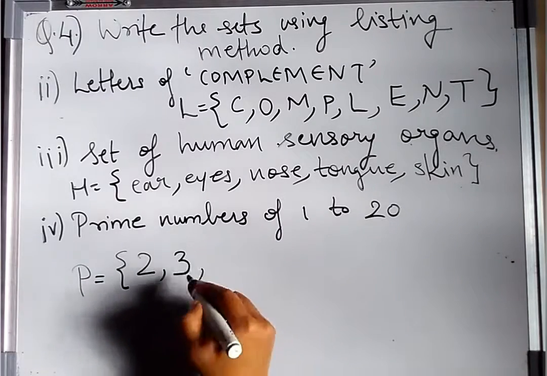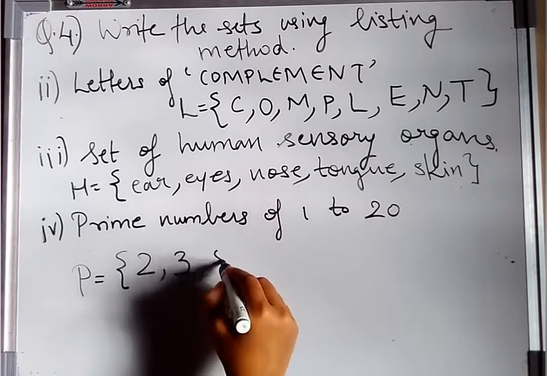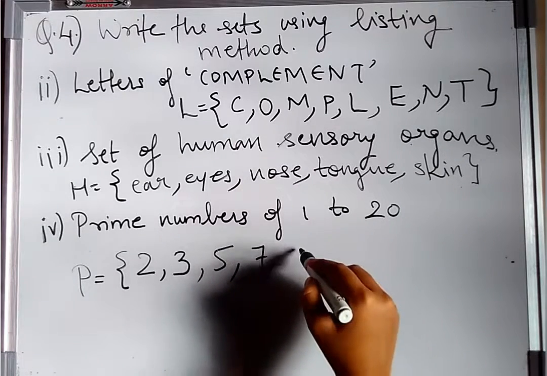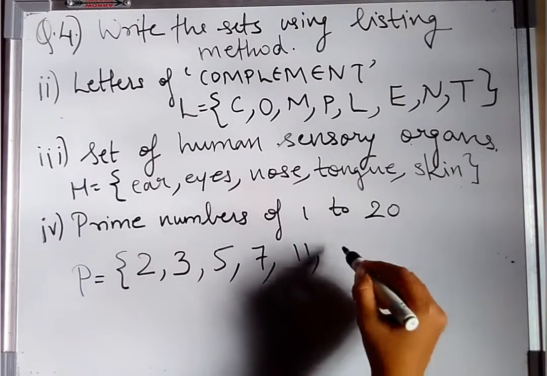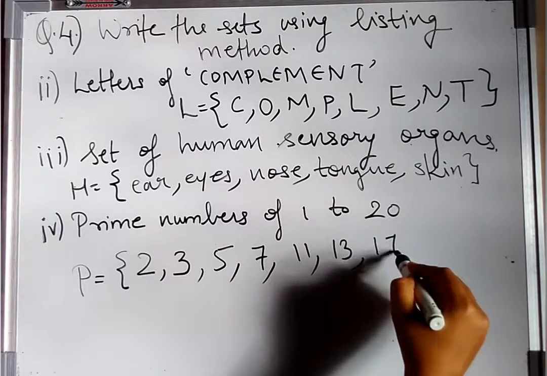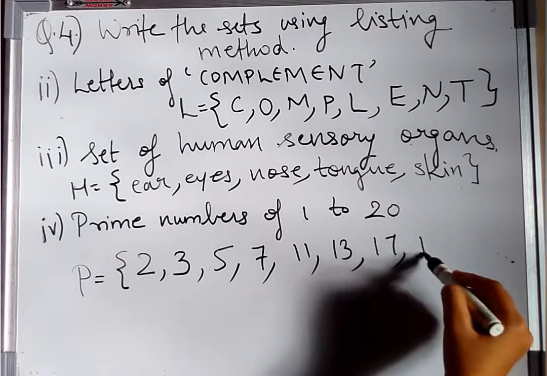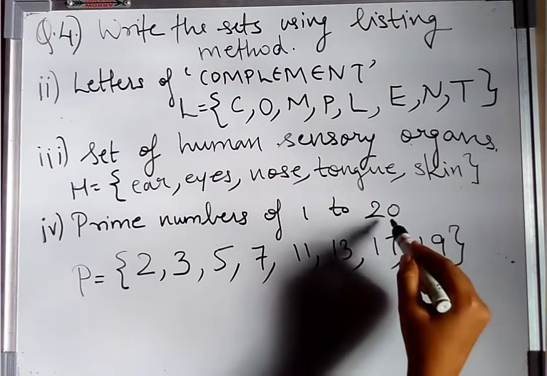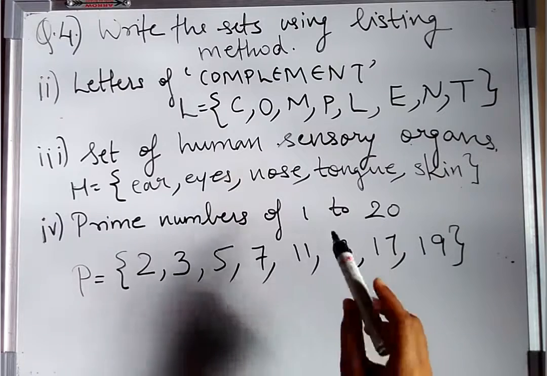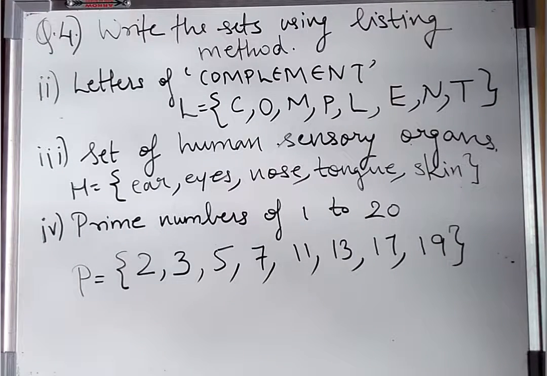So 2, 3 and then 4 is composite, 5 is prime, 6 is composite, 7 is prime, 11, 13, 17 and 19 because it should be less than 20. Okay, so these are the prime numbers lying between 1 and 20.